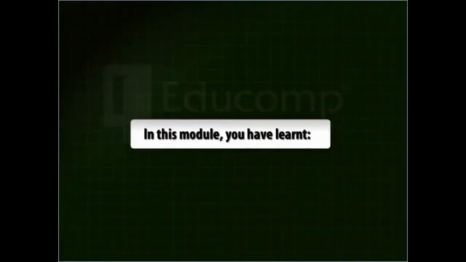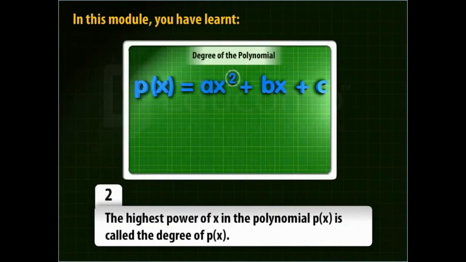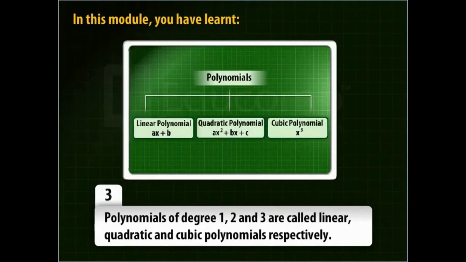In this module you've learnt that an algebraic expression in which the exponents of the variables are whole numbers is called a polynomial. The highest power of x in the polynomial p(x) is called the degree of p(x). Polynomials of degree 1, 2 and 3 are called linear, quadratic and cubic polynomials respectively.